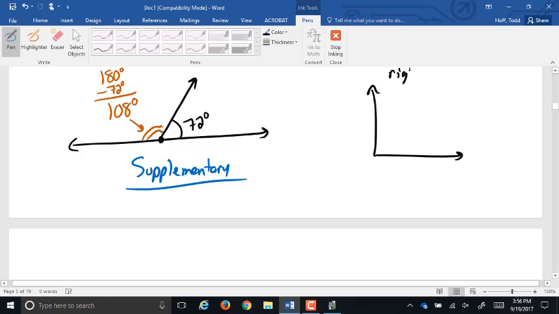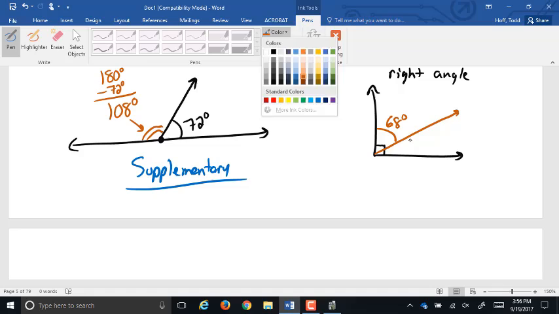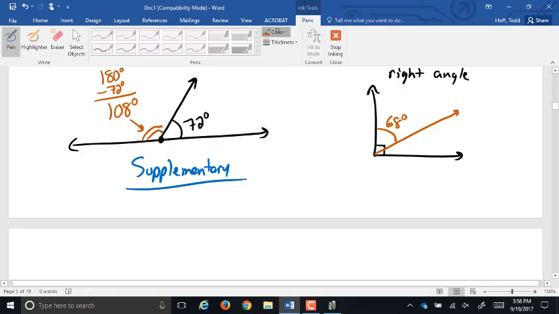Now, of course, an angle that is a quarter turn or makes a square corner here is called a right angle. Usually it's indicated by putting a square in the corner like that. If I take off from that and I tell you that this angle here is 68 degrees, how would I find this other one over here?